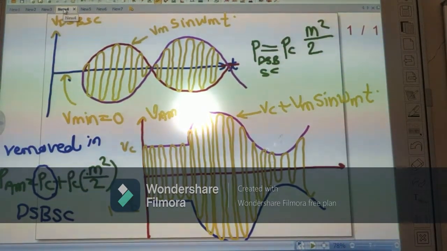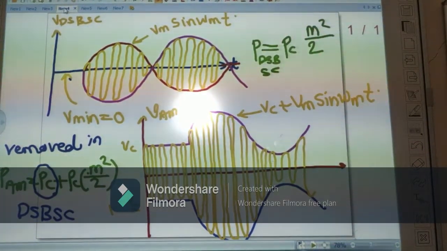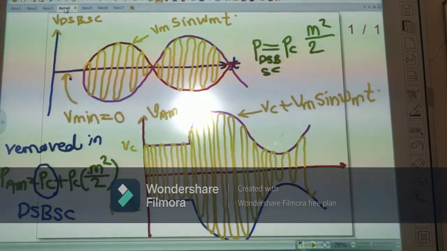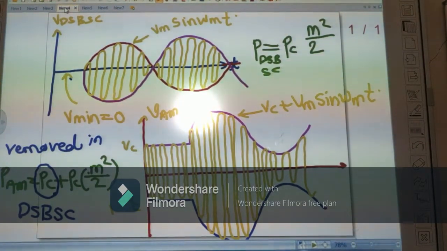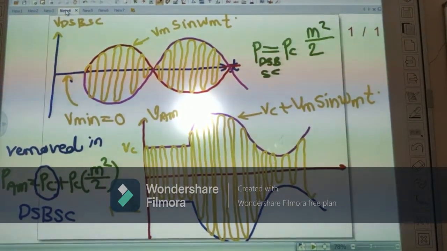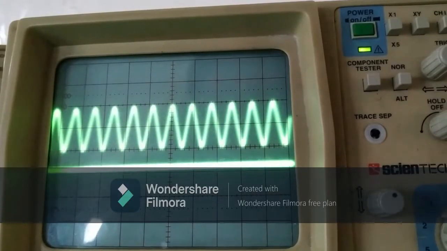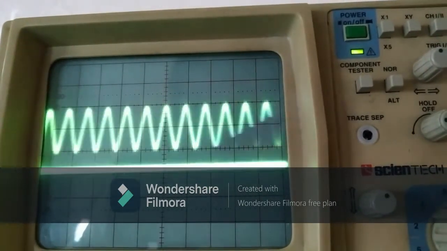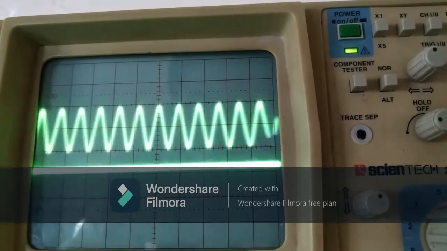Now we'll see practically how to generate the DSB-SC signal, that is the double sideband suppressed carrier signal, using the IC modulator, and how to reconstruct the original information signal using the demodulator in the experiment. For the double sideband modulation and demodulation practical, we have set the modulating signal to 2 volt peak to peak and 1 kilohertz frequency.